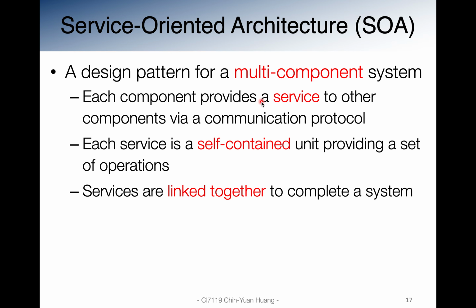Each component provides a service to other components via the communication protocol, which is the API for that service. Each service is a self-contained unit that provides a set of operations.